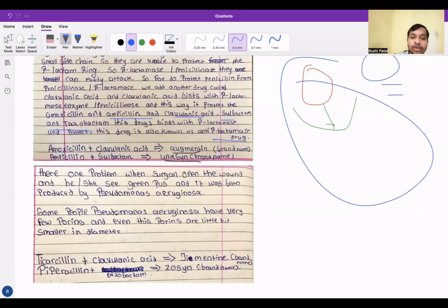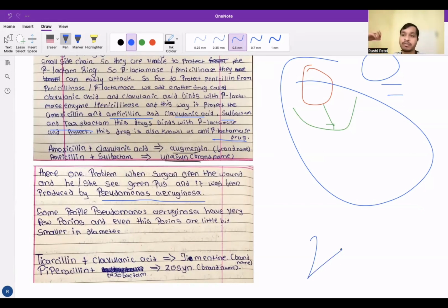Pseudomonas aeruginosa has very small porin diameters. The penicillin molecule in narrow spectrum is about 10, in very narrow spectrum it becomes 15, but in smart penicillin it goes to 4. And in very smart penicillin, the molecule is only two.